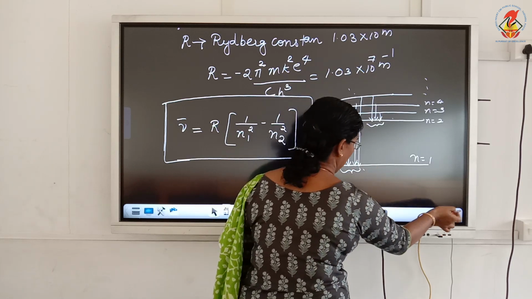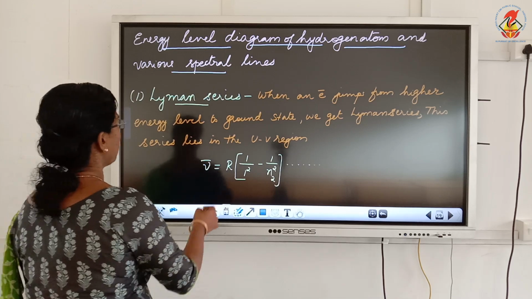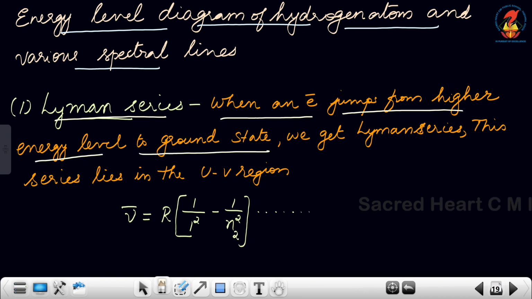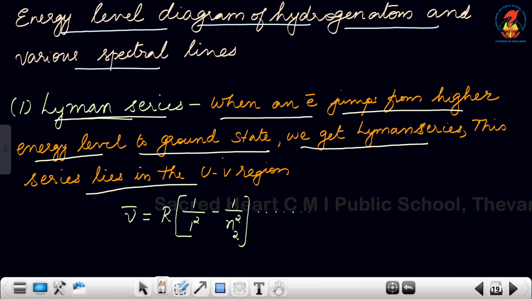So next we are going to study the series of spectral lines. First one, we have the Lyman series. That is, when an excited electron jumps from a higher energy level to the ground state, that is the lowest energy level, we get the Lyman series. This series lies in the UV region.